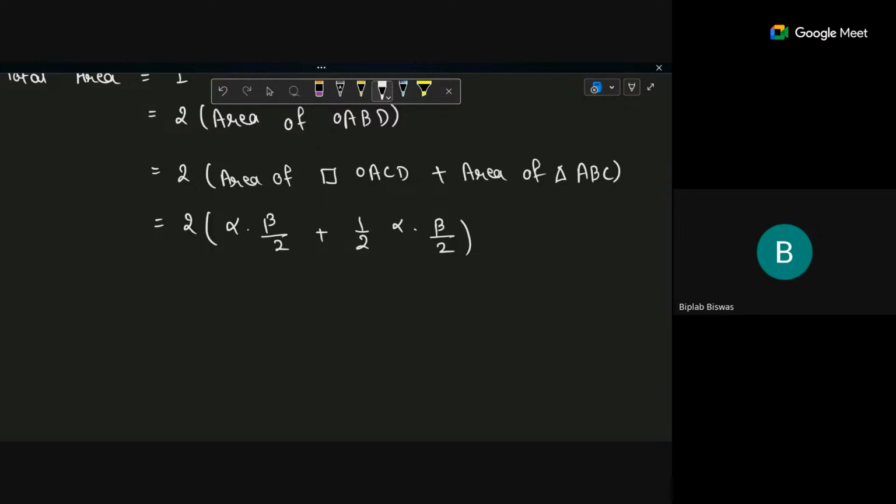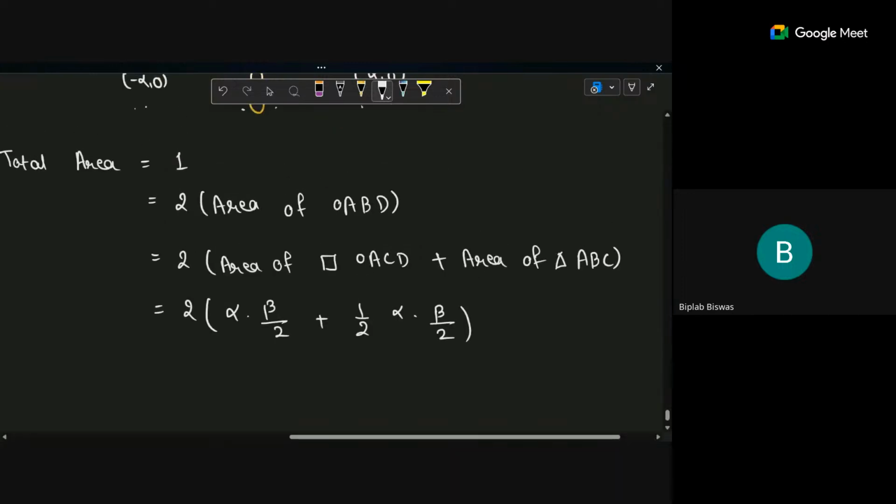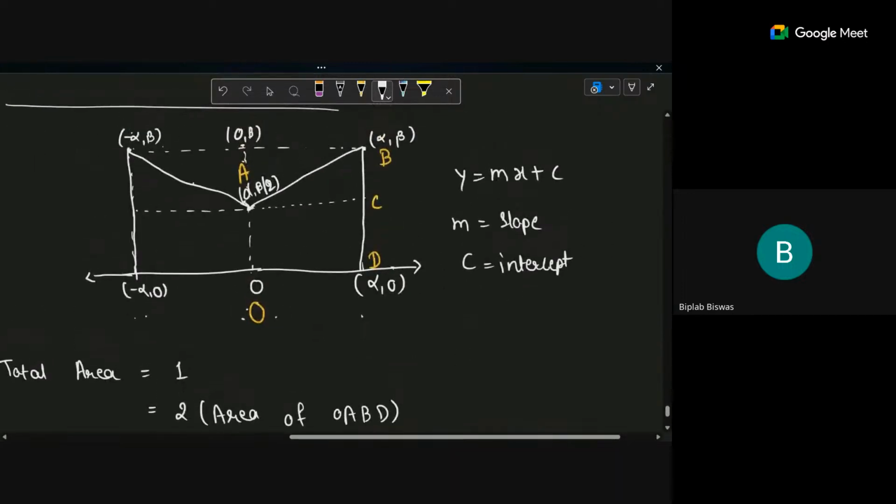Ma'am, just one doubt in this problem. If you scroll a little up, this one here, we know this is a triangle, right? So we know the base and height for this triangle.